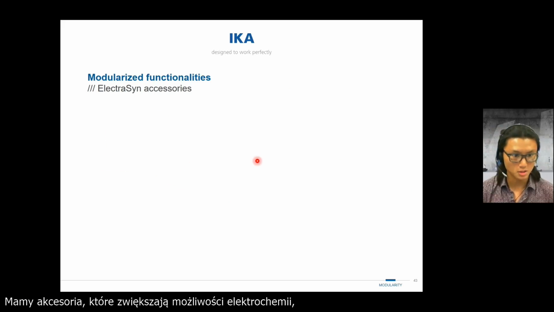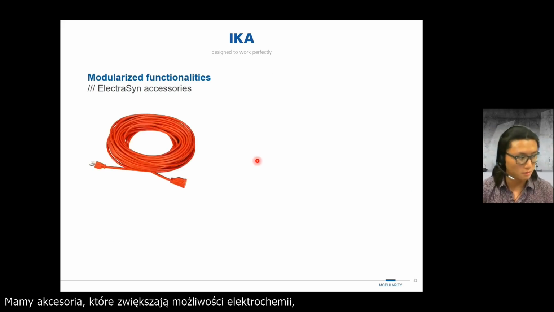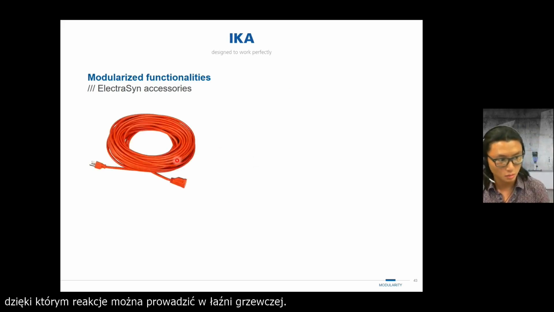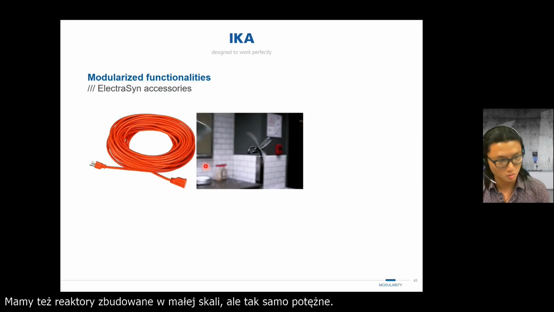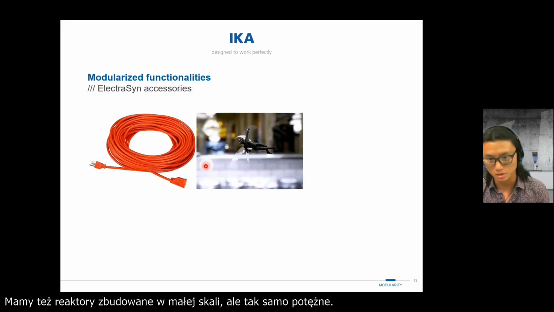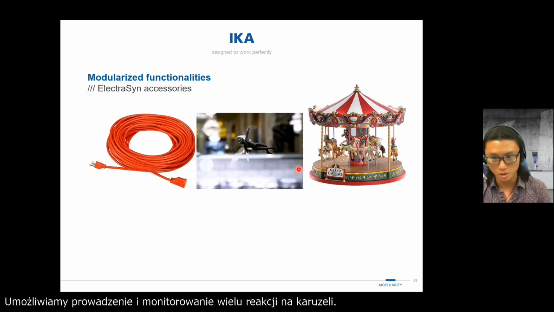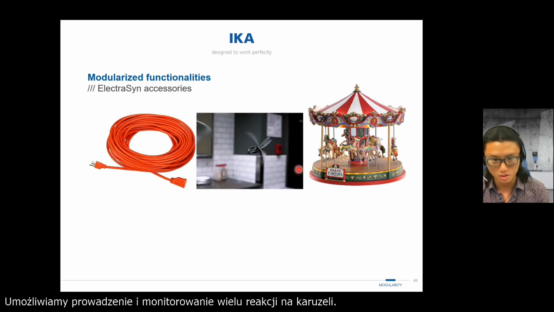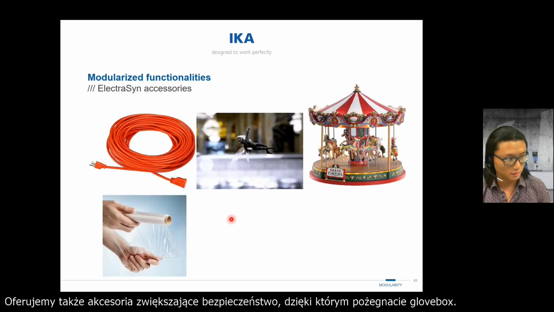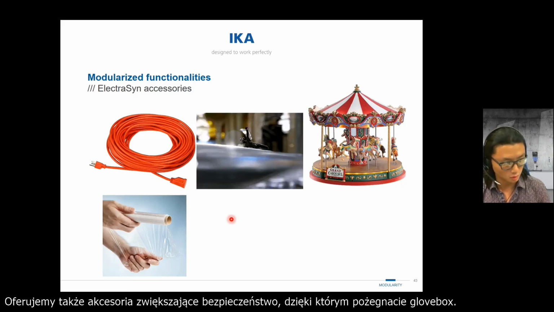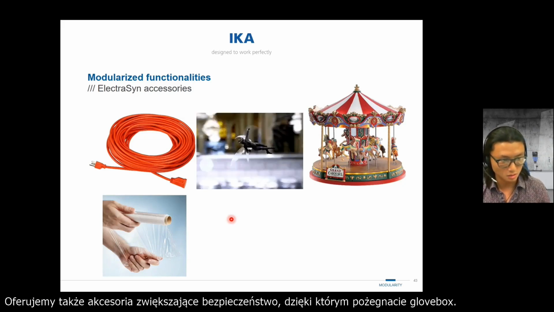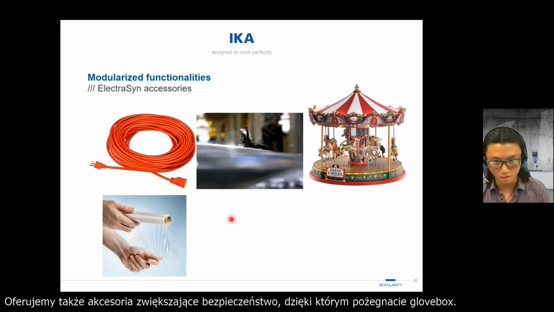We have accessories that extend the power of Electrocyn so that you can run your reaction in a heat bath, for example. And we have even smaller scale reactions that are equally powerful. You can run and monitor multiple reactions on a carousel, and we provide an accessory that improves the sealing so that you can say bye to the glove box.